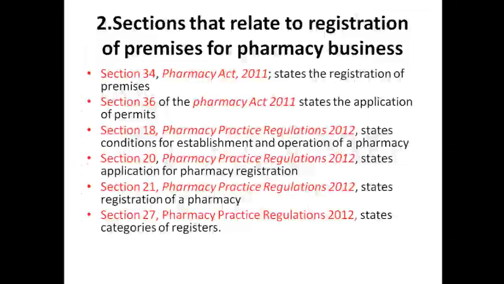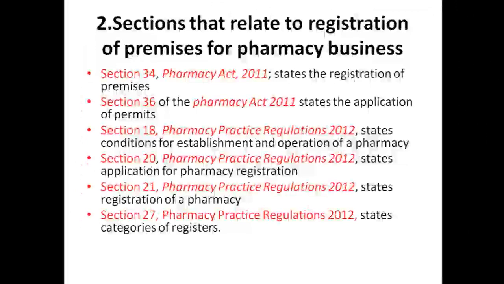Now let us see task number 2, which is the sections related to registration of premises for a pharmacy business. First is section number 34, Pharmacy Act of 2011, which states the registration of premises. Section number 36 of the Pharmacy Act of 2011 states the application of permits.